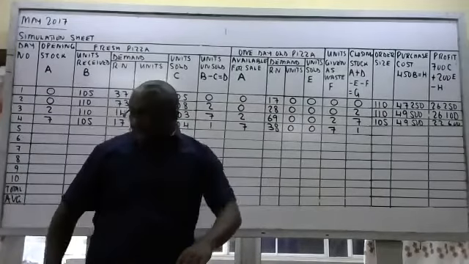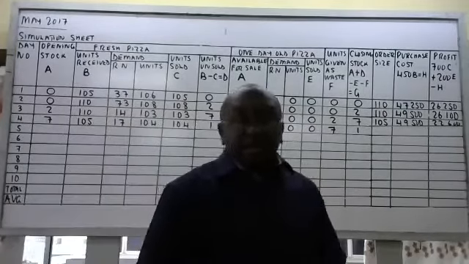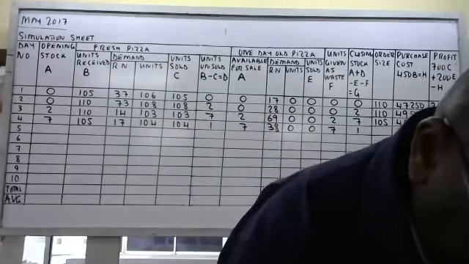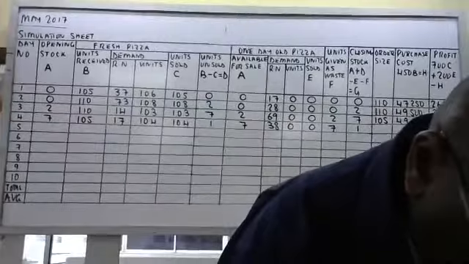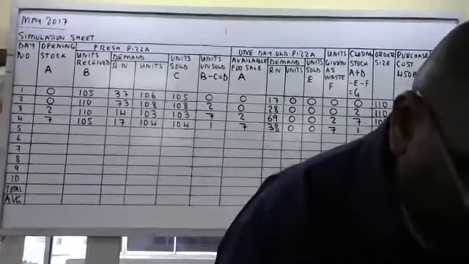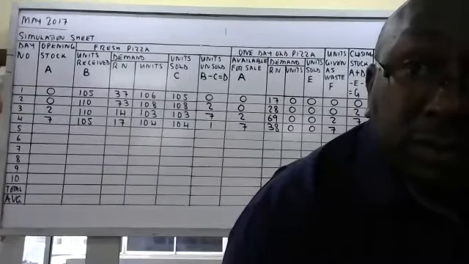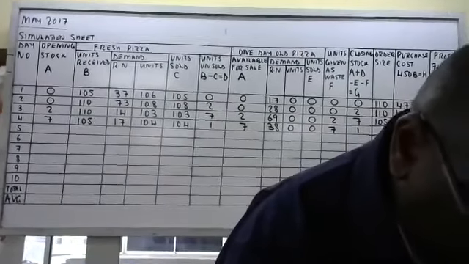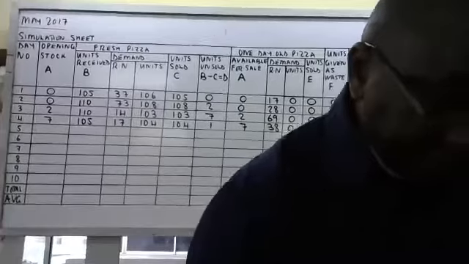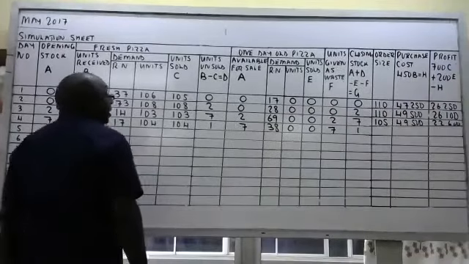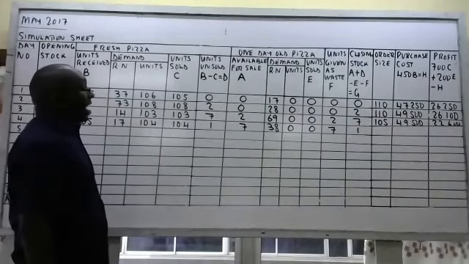So how many units do we order? Umesema tuna order ngapi? 105.